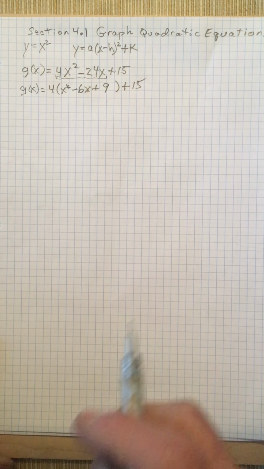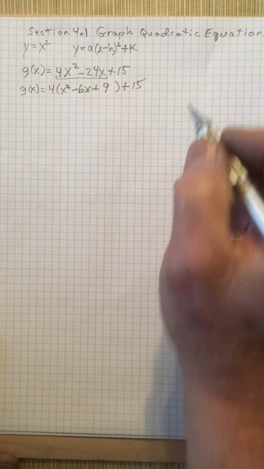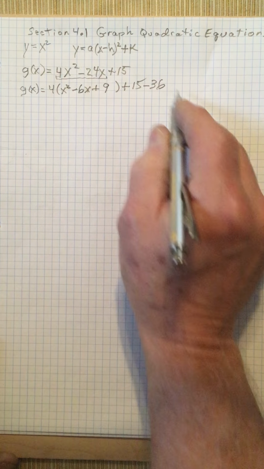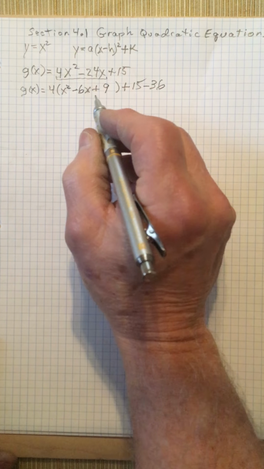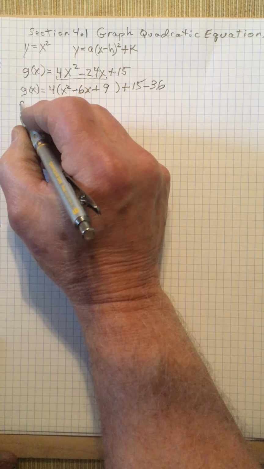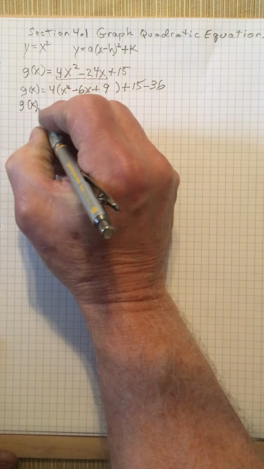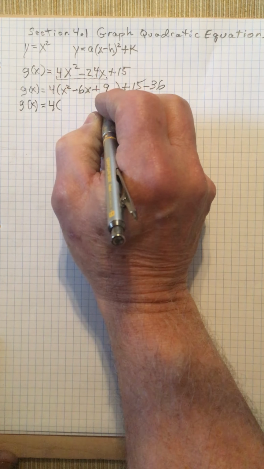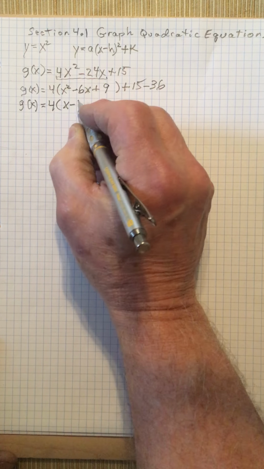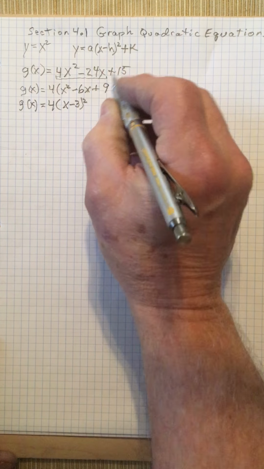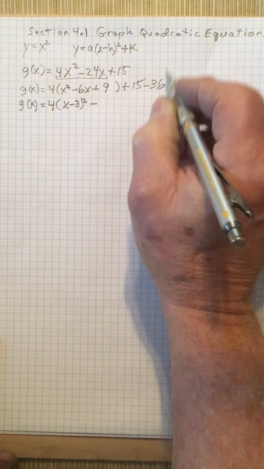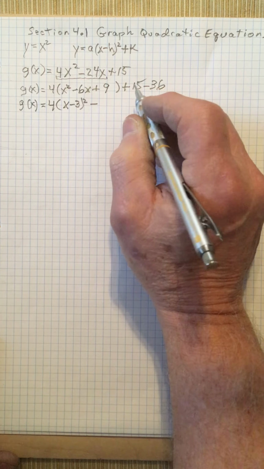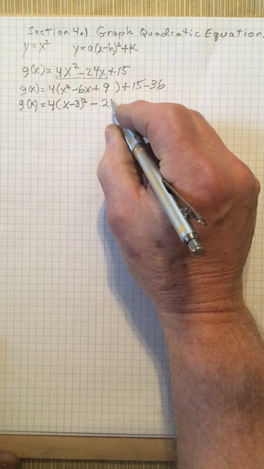But we don't want to change the equation, so if we added 36, we need to take 36 back out. So this is what we need to do. Now we've completed the square here. This becomes x minus 3 squared. And then if I take 36 and I minus 15, that'll be minus 21.